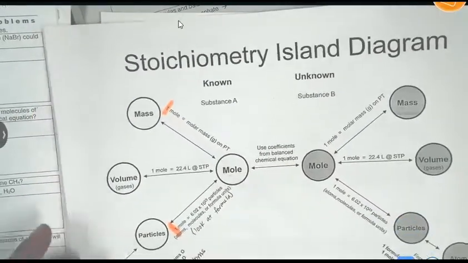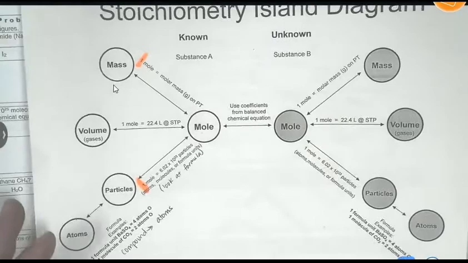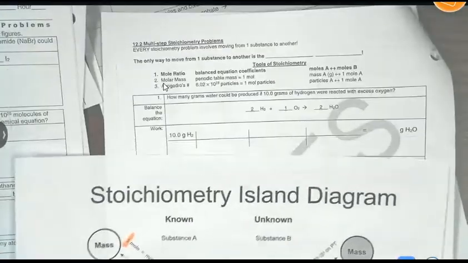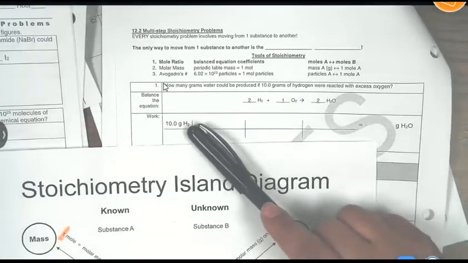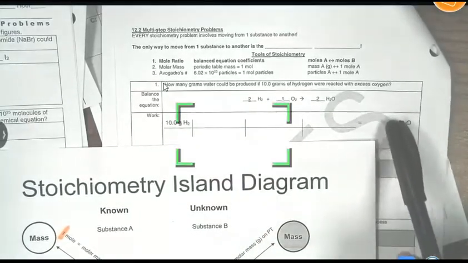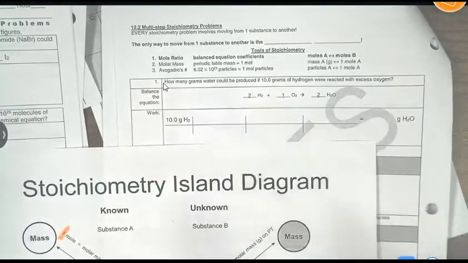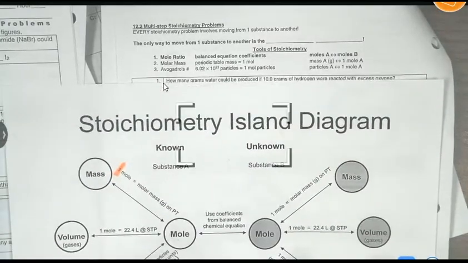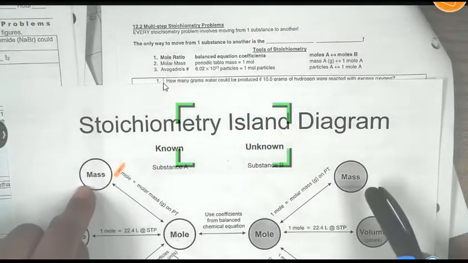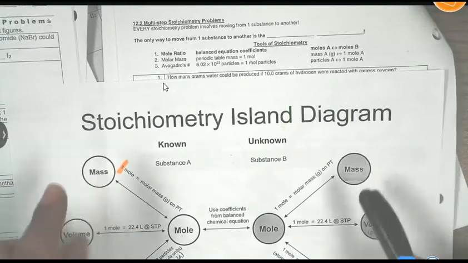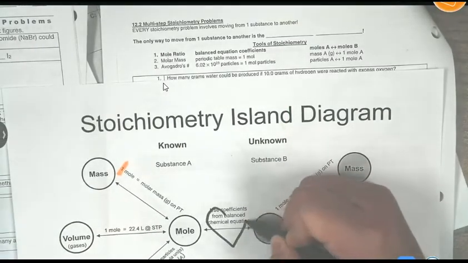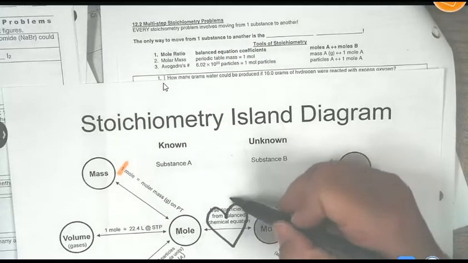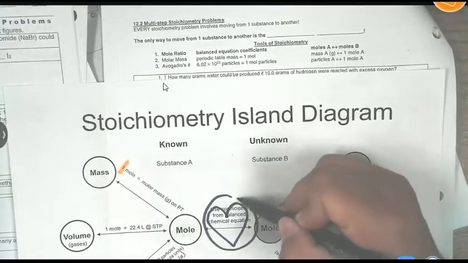So, if I'm looking at my stoichiometry island diagram, that's here, right? I want to know how to convert grams of H2 to something completely different, grams of H2O, two completely different masses. So I'm going to go from here to here. All right? Remember, you're going to put a heart or a circle around the mole to mole ratio.